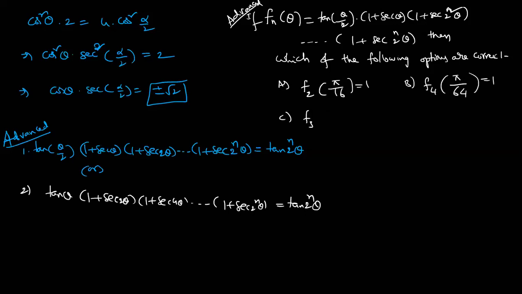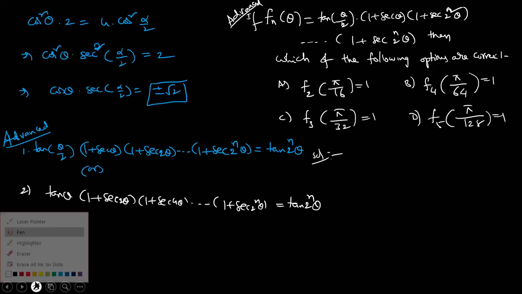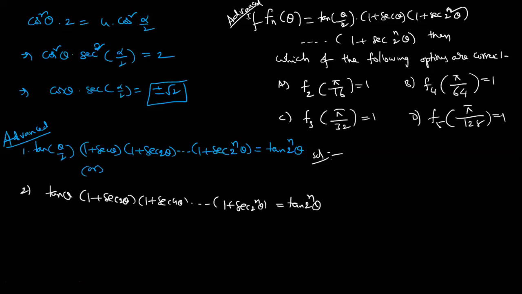C, f_3(pi/32) is equal to 1. D, f_3 and 4 completed, suppose take 5, f_5(pi/128) is equal to 1. Then what is the answer? Anyone tell me? Ramalakshmi responding A, okay.